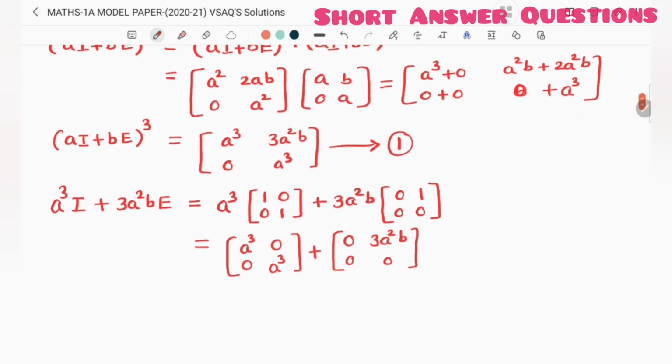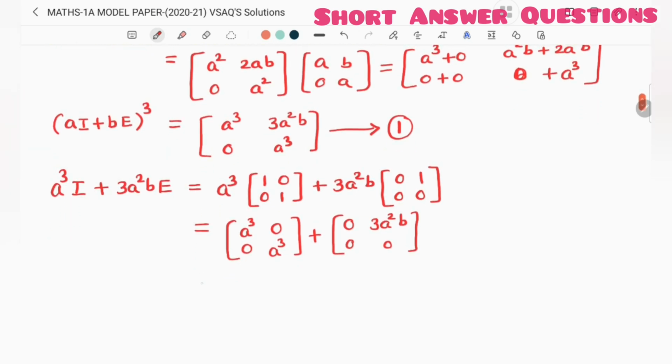Now corresponding elements we are going to add: a cube plus 0 is a cube, next 3a square b, 0 plus 0, 0, and a cube, corresponding elements we are adding.